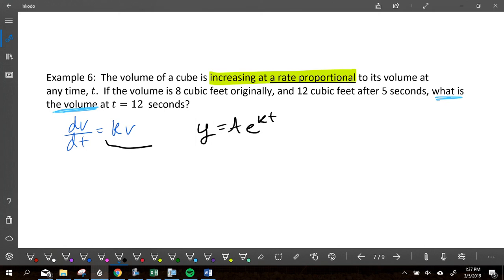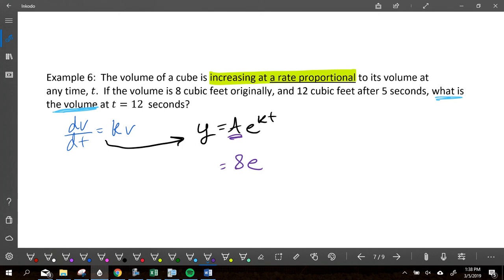Again, technically what we did is we took the antiderivative, but we just sped up the process. I knew what was going to happen. I want to know the volume. 8 cubic feet originally. And so for A right here, I'm going to plug in 8. Did they tell me anything about my constant rate? What my K is?